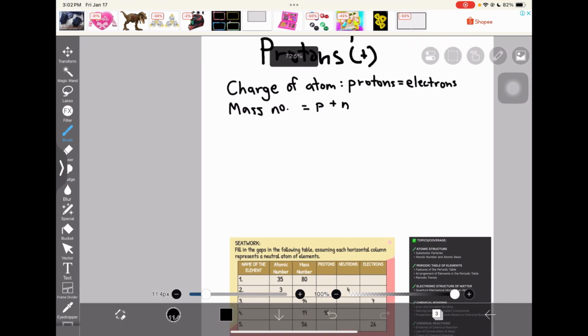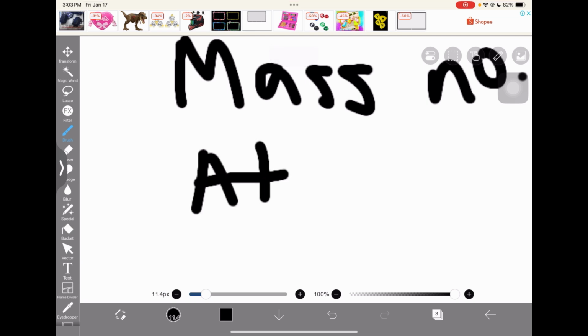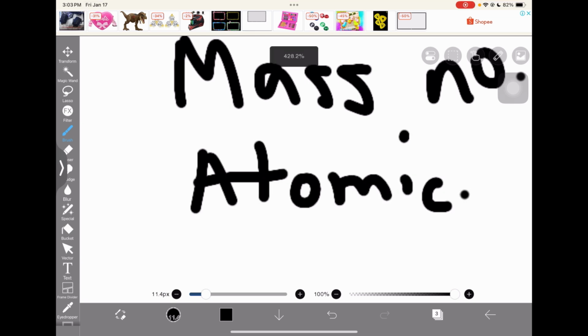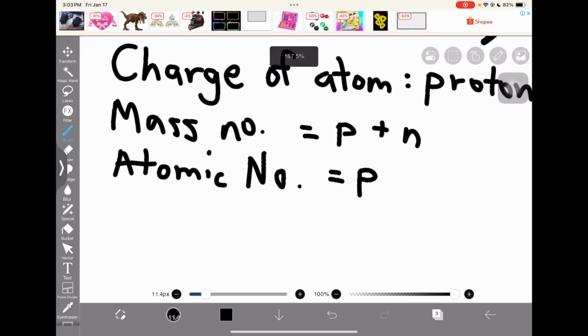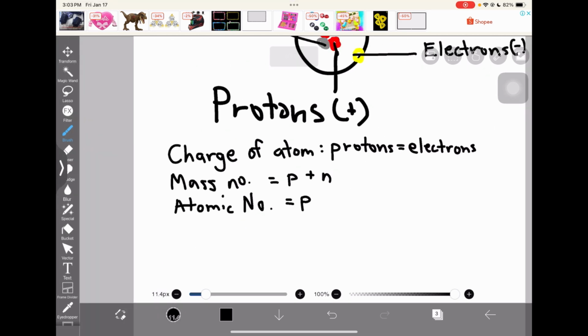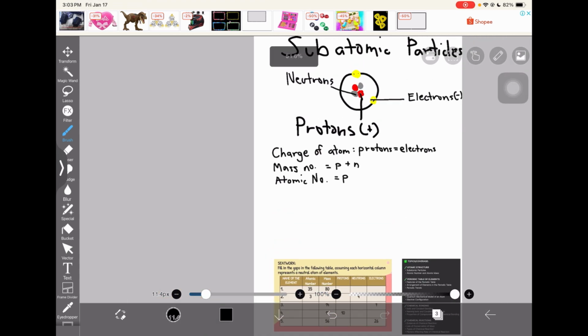And yeah, that's all what you really need to know. And the atomic number is equal to the protons. So using this, we can solve the problems here. So these are the subatomic particles.